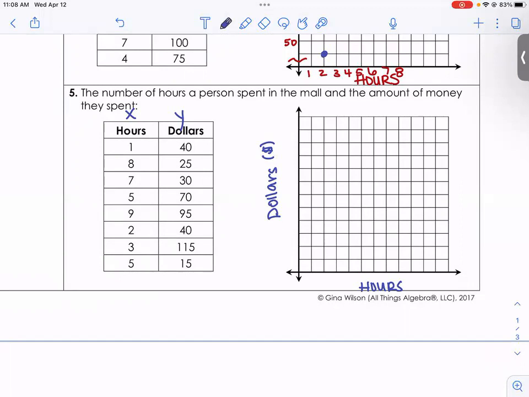It looks like we have anywhere from 1 to 9. And then dollars, anywhere from 15 to 115. So let's just count by tens, and we can start at 0, 10, 20, 30. And let's not forget that 90 exists.